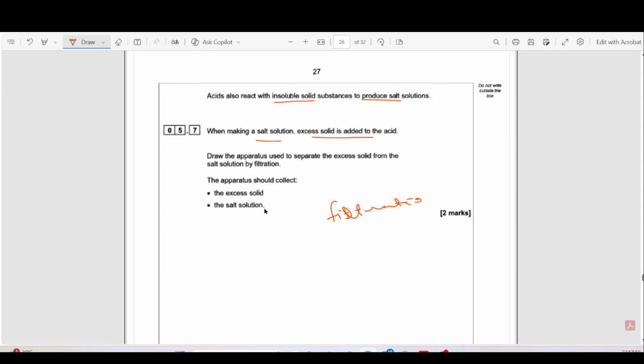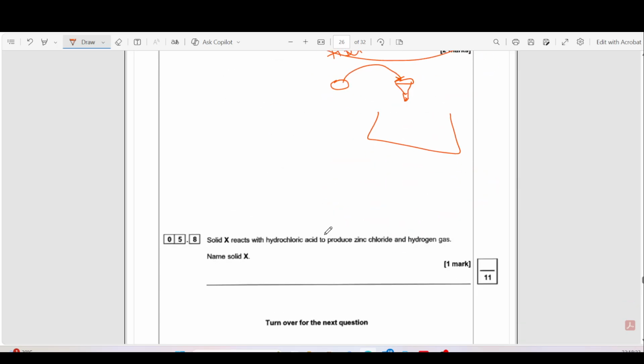The drawing should include a filter funnel, a cone-shaped funnel, something like this, and filter paper, which is placed inside the funnel and traps the excess solid. Then we put a flask or a beaker underneath the funnel to collect the solution. So I think you can see the filtration picture on Google and you can draw it.